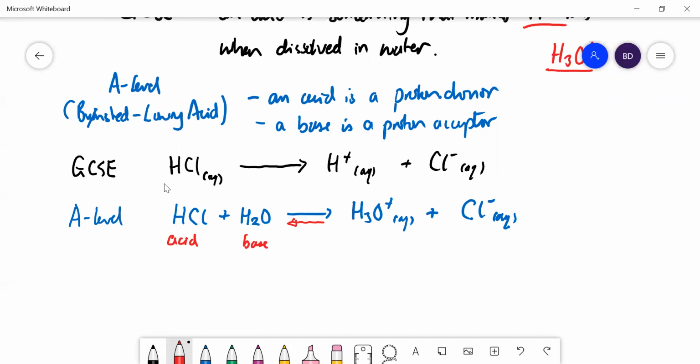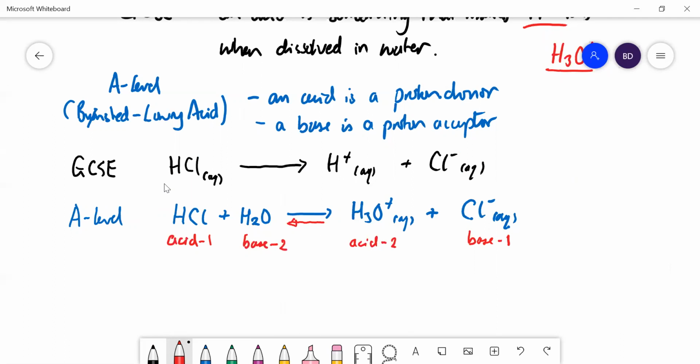In this case, the H3O plus would act as an acid, so I'll call that acid 2, and the chloride ion will act as a base, so I'll call that base 2. And so we can see that they match up. I'll call the HCl acid 1 and the water base 1.